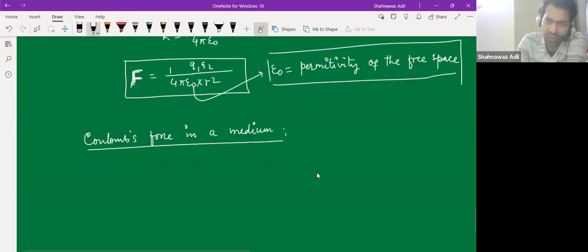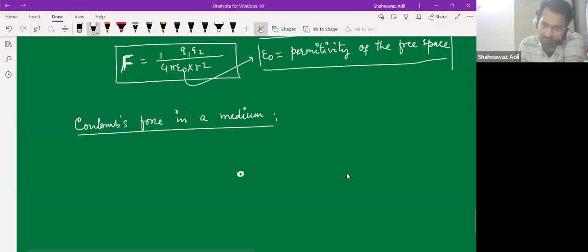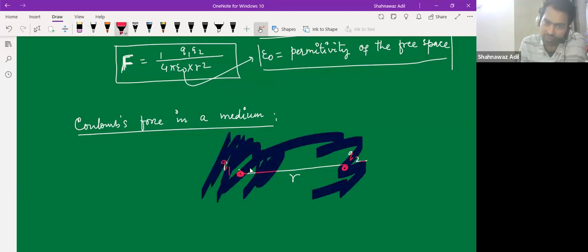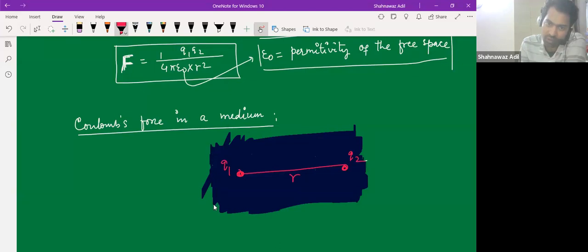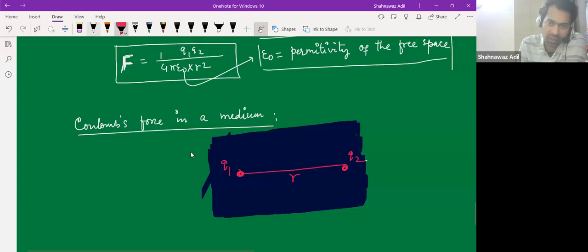Let's say these are the two charges Q1 and Q2, and this is the separation between them, R, and we have put them in some medium, right?